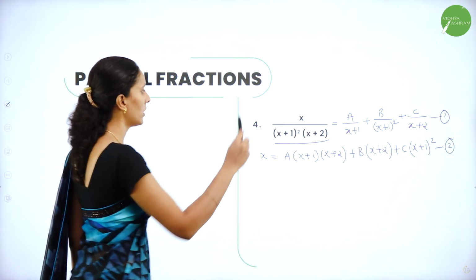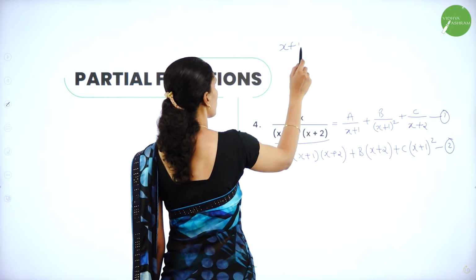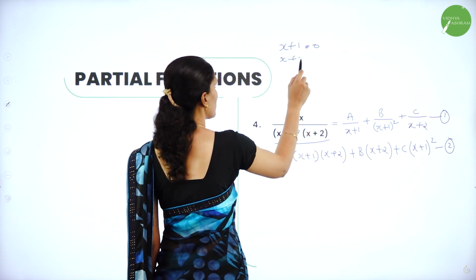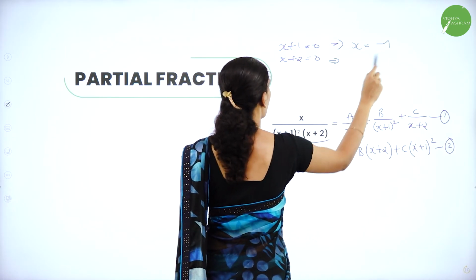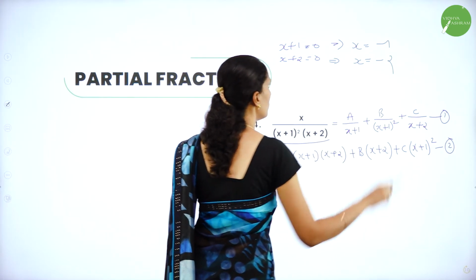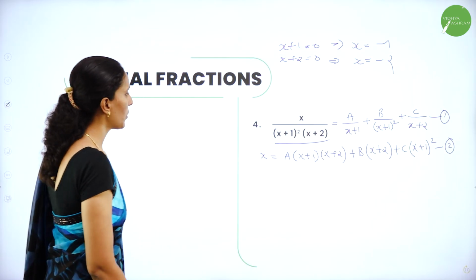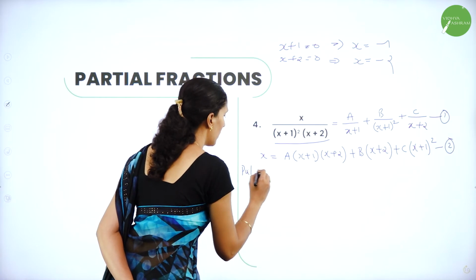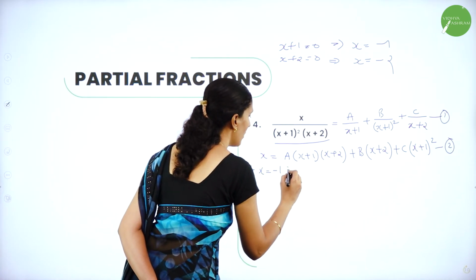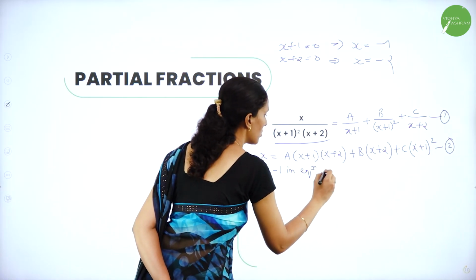Now equate x + 1 equal to 0, x + 2 equal to 0. This will get x equal to −1, x equal to −2. So just put x equal to −1 in equation 2.